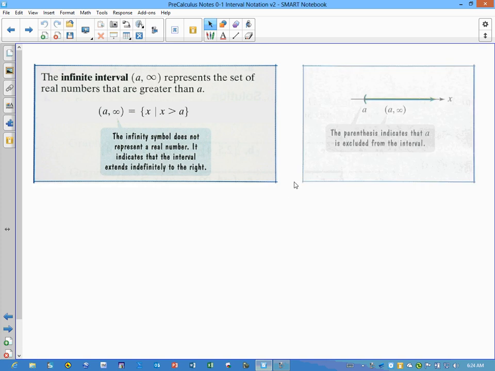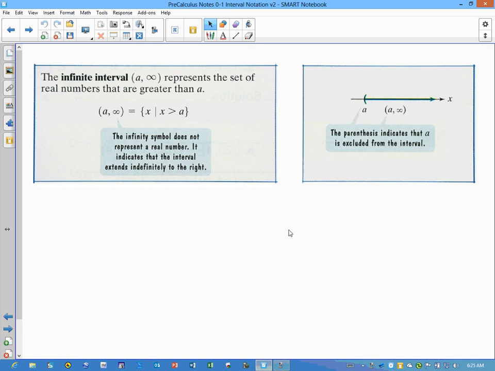And when we look at the graph of this, this would start at a, but not including a, because this is a parenthesis here, it's going to be a parenthesis here. So our interval begins at a and then goes off to the right forever. That's why we just have an arrow rather than a parenthesis or a bracket or something, because on the right side, it goes off to infinity.